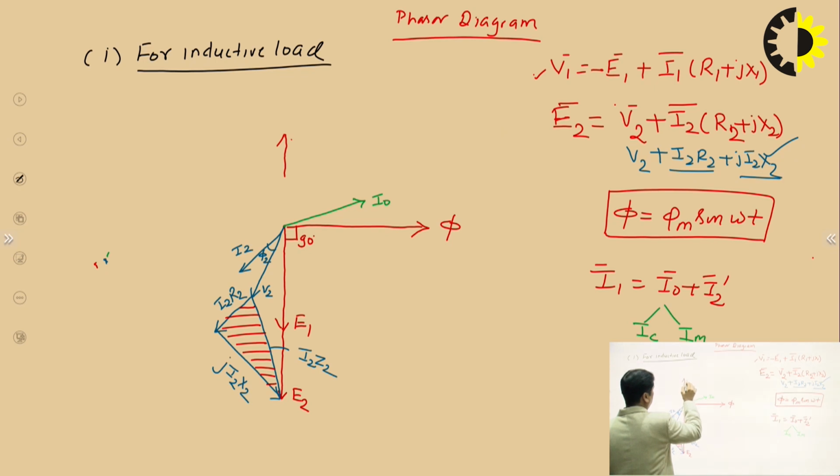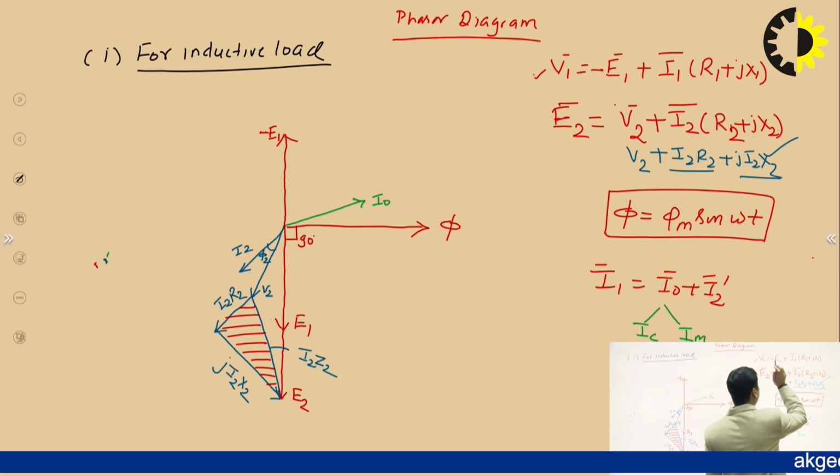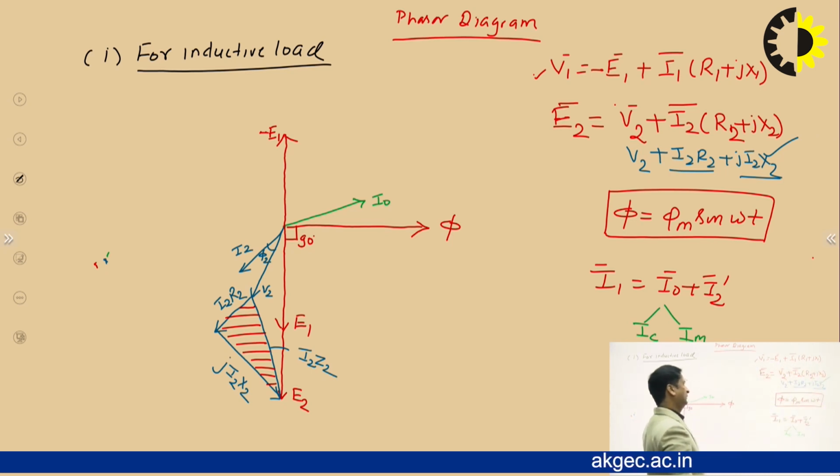This is our minus E1. You can mark minus because it's opposite polarity. So V1 is equal to minus E1 plus this. Again, we have to incorporate the drops I1 R1 and I1 X1, but they are along I1.